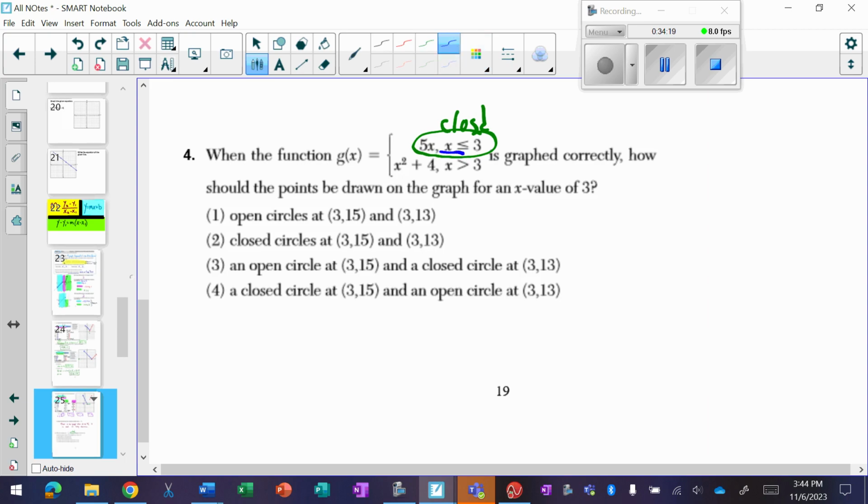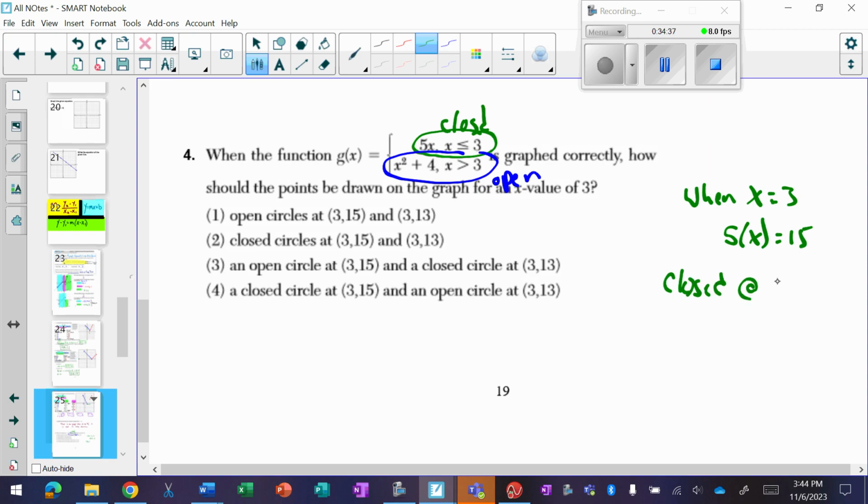It will be an open circle there. So let's figure out what the y values are at those two spots. When x is 3, then our 5x function is 15. So that means closed circle at the point 3, 15.